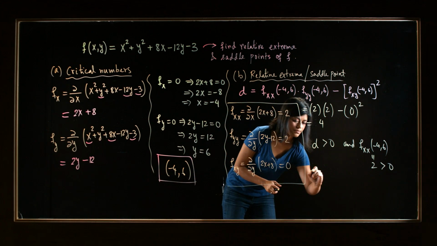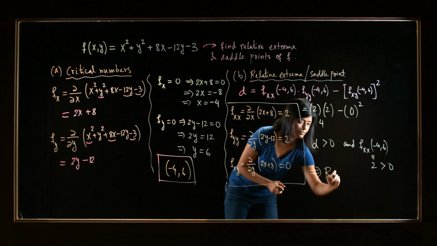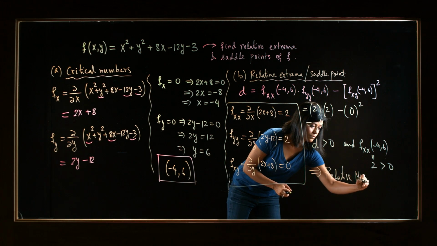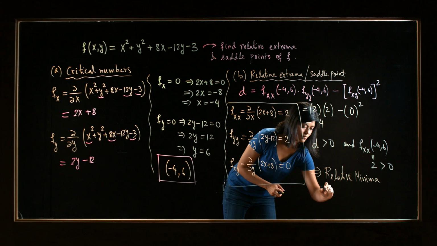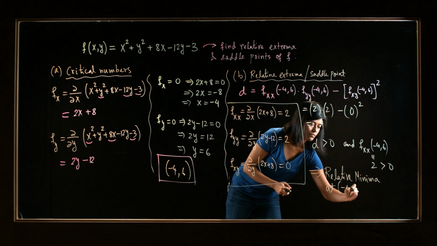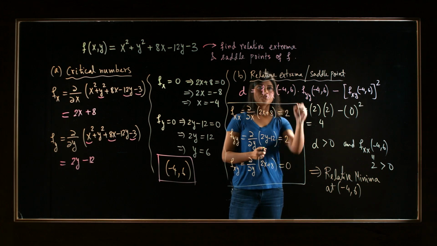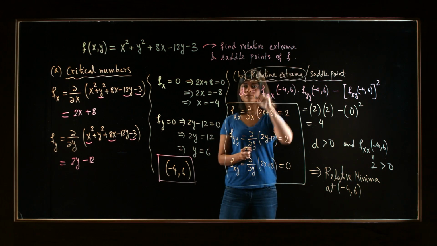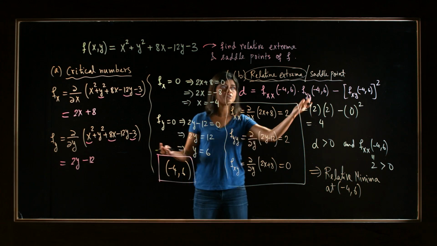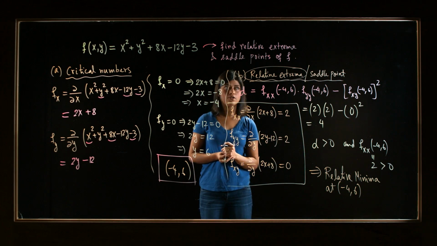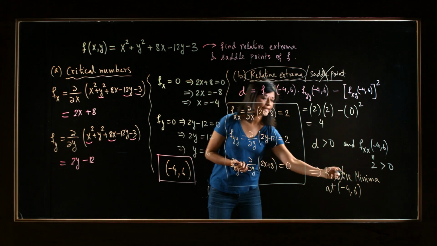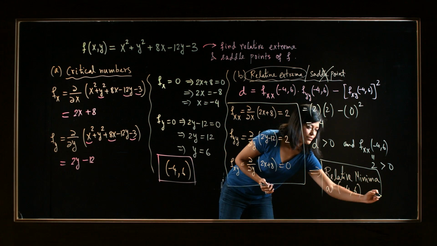So this means relative minima at (-4, 6). So we get a relative extrema. And since there is no other critical number, there is no question of having any saddle point at all. So no saddle points, but we get a relative extrema, and that is a relative minima.